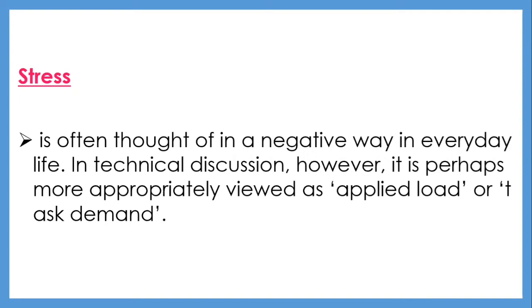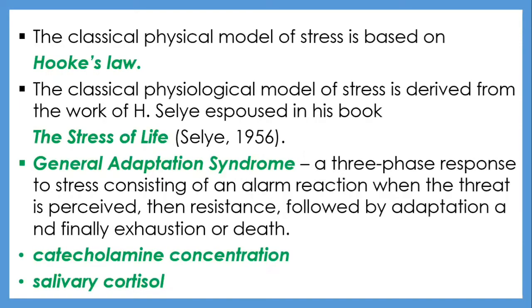Now, the classical physical model of stress is based on Hooke's law. And Hooke's law states that if we place a load of 30 kilograms on a horizontal beam and the beam bends under the load, then the stress is 30 kilograms and the strain is the deformation of the beam.